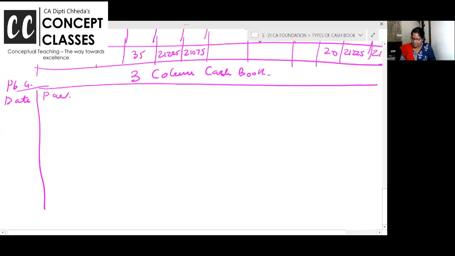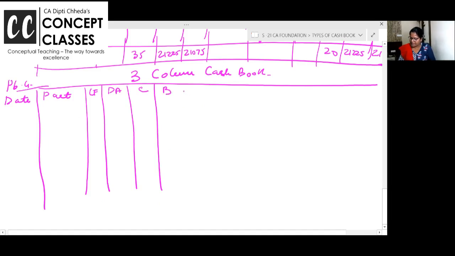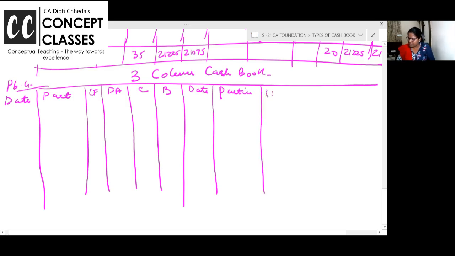Date, particulars, LF, discount allowed, cash and bank. This is the debit side. Again, date, particulars, LF.